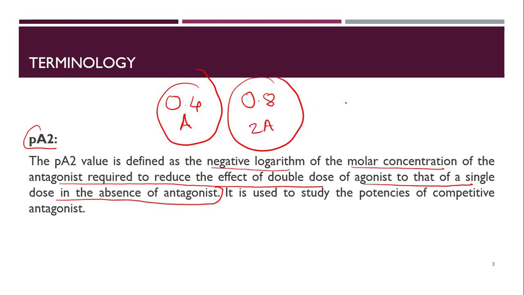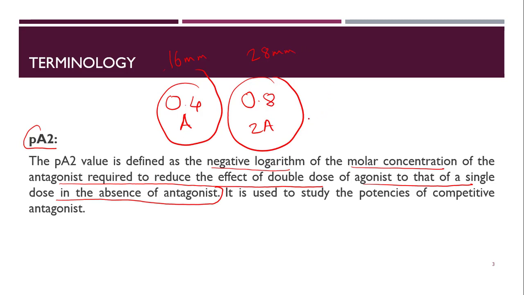Okay, so what this pA2 value is: suppose the response height of 0.4 ml of the agonist dose is 16 mm. Let's just assume it is 16 mm, and that of 0.8 ml it is something about 28 mm.